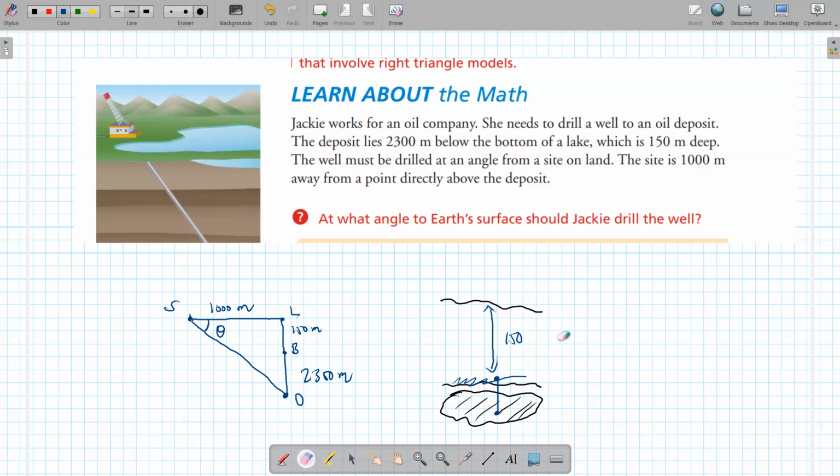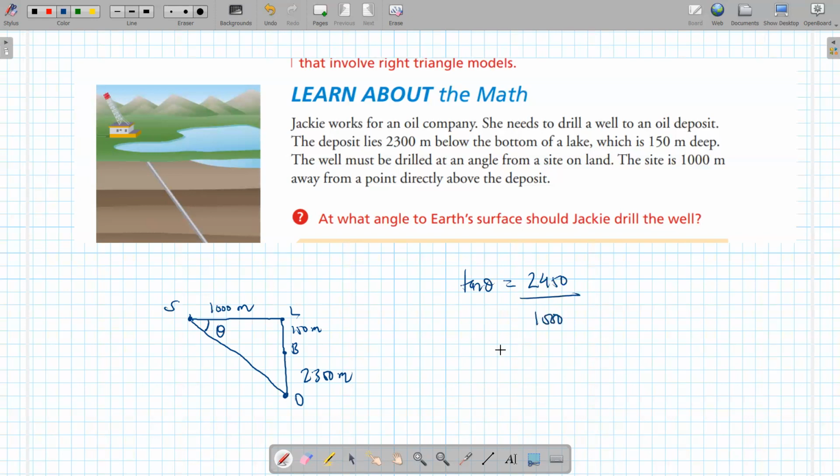From here, it's easy. It's just sine, cosine, or tan. You can only use one. It's tan. So tan theta is (2,300 plus 150) divided by 1,000, so 2,450 over 1,000. How do we solve for theta here?